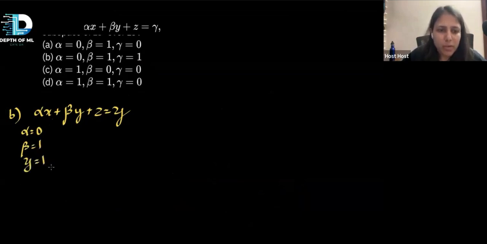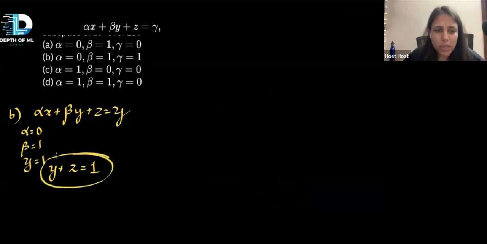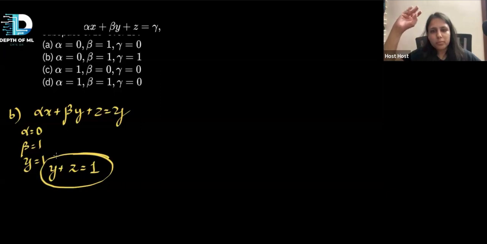If I put these values, I'll have y plus z is equal to 1. So this is an equation of what? A line, a plane, or what? Also, x is a free variable, right?